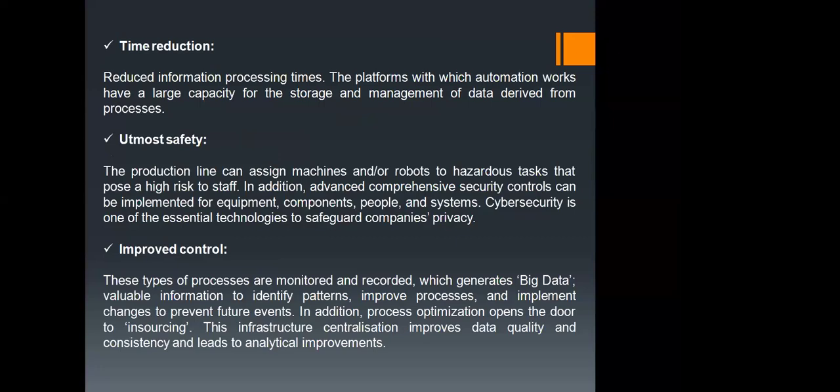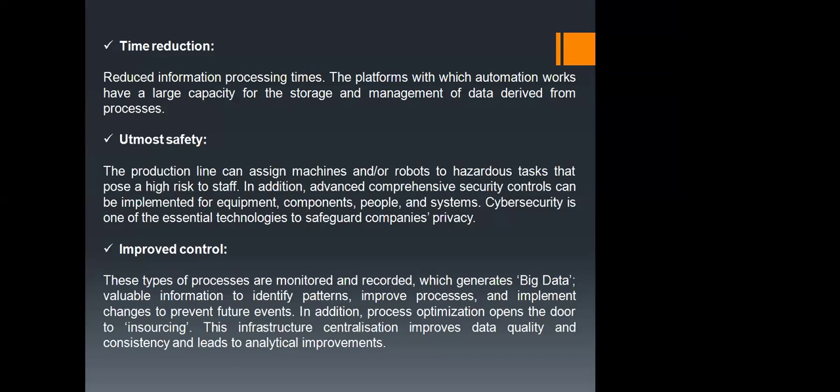Utmost safety. The production line can assign machines or robots to hazardous tasks that pose a high risk to staff. In addition, advanced comprehensive security controls can be implemented for equipment, components, and human resources. Cyber security is one of the essential technologies to safeguard the company's privacy.